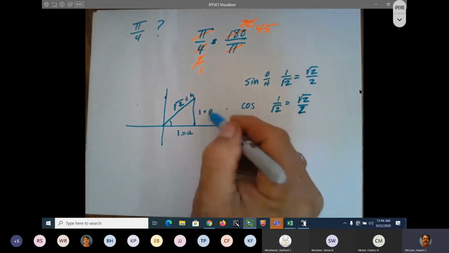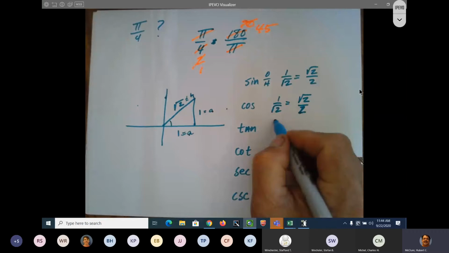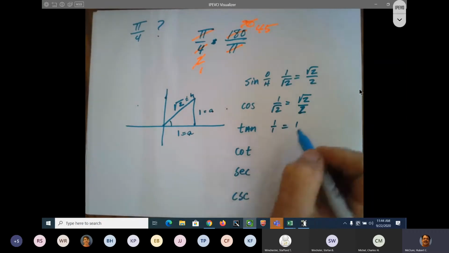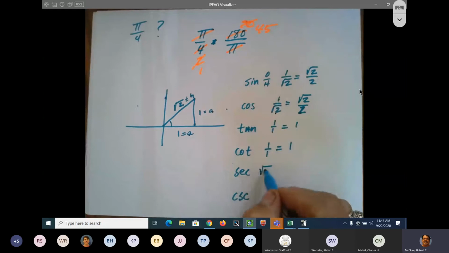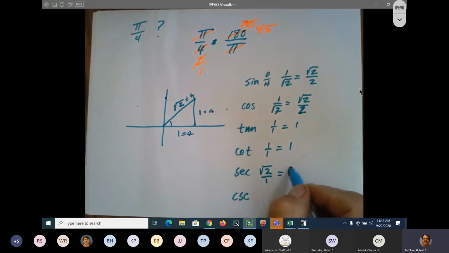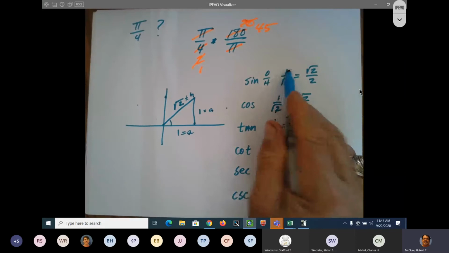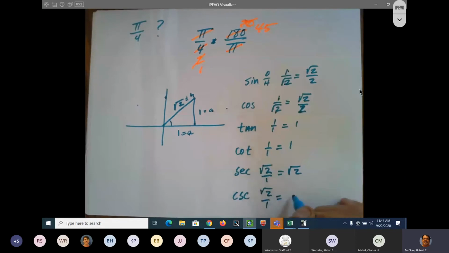Of apple, 1 over 1 is equal to 1. Square root of 2 over 1 is square root of 2. So the cosecant of pi over 4 is square root of 2.